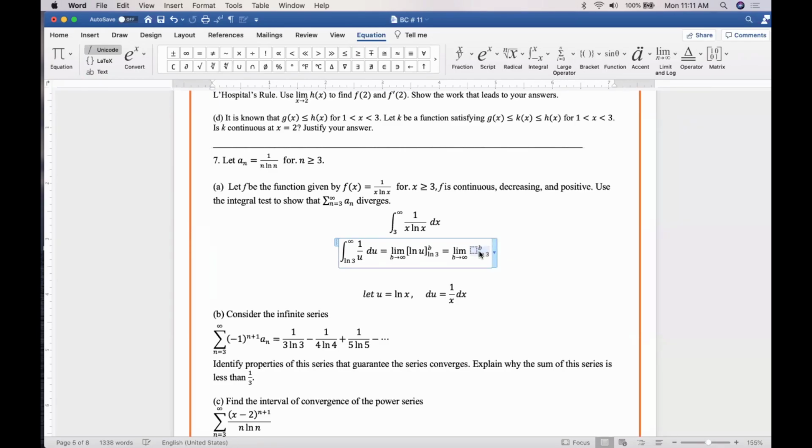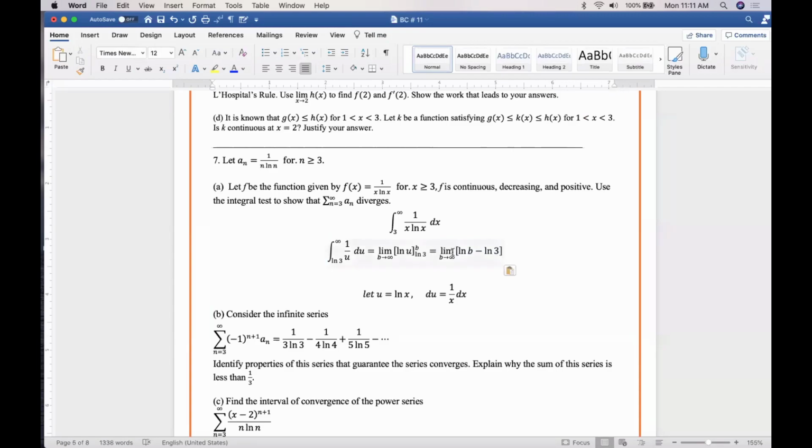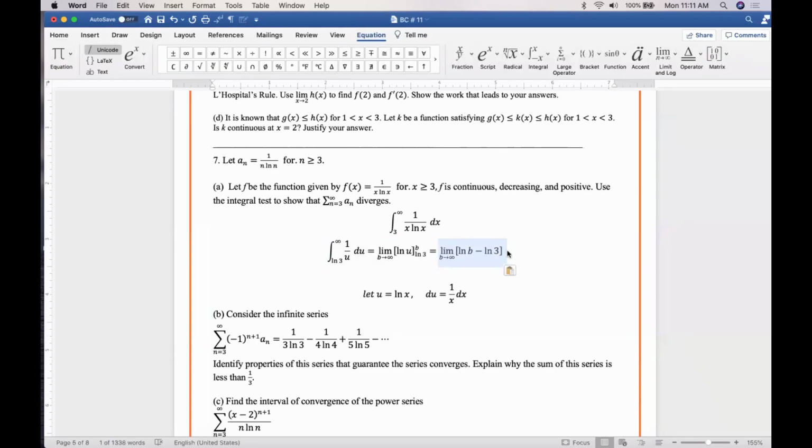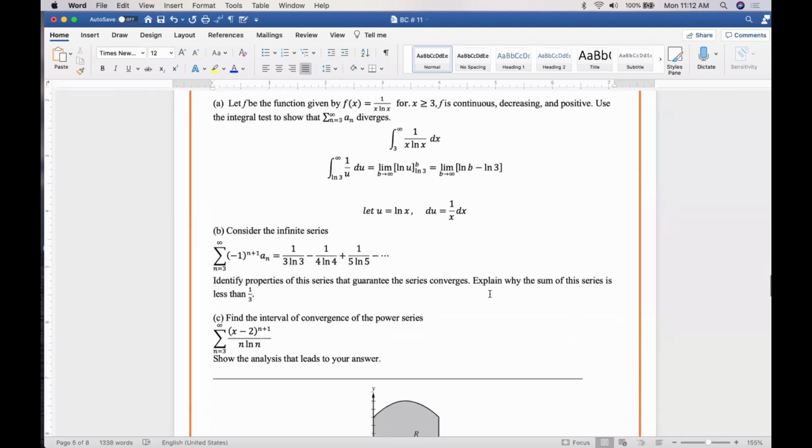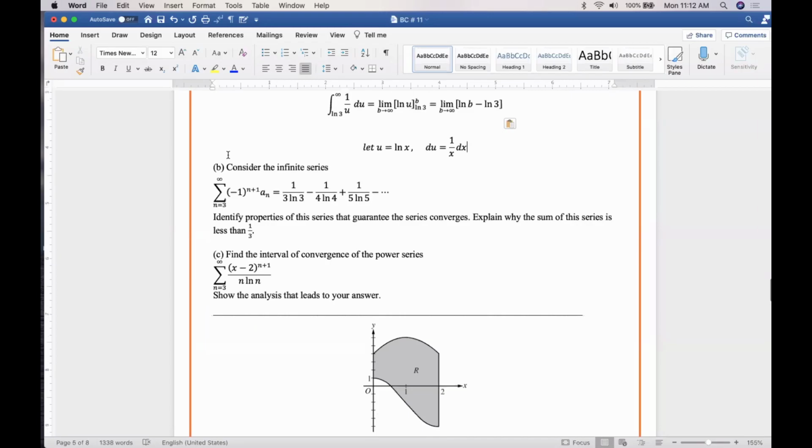That's what we substitute. And now, what's the limit of this as b approaches infinity? Infinity. Infinity, that means it diverges. And if this diverges, that sigma diverges also. I proved what they want me to prove. Done? Done. Next, part B.